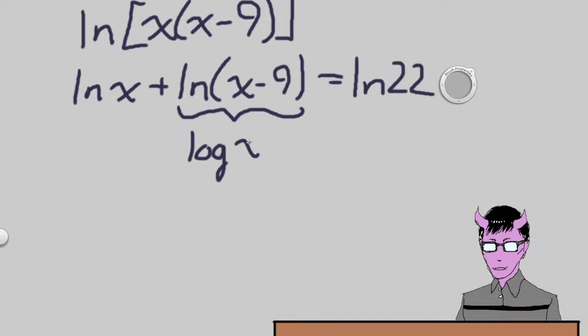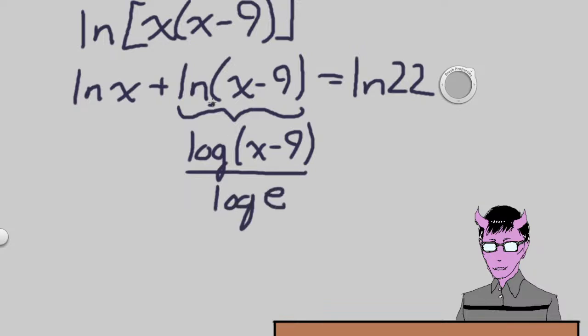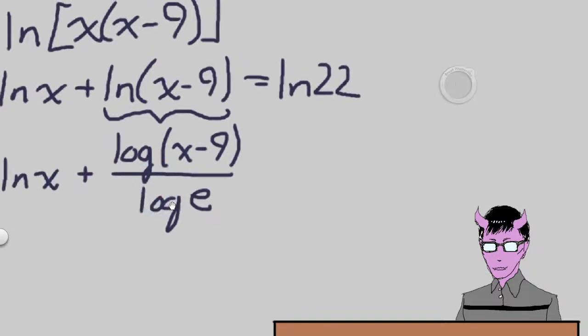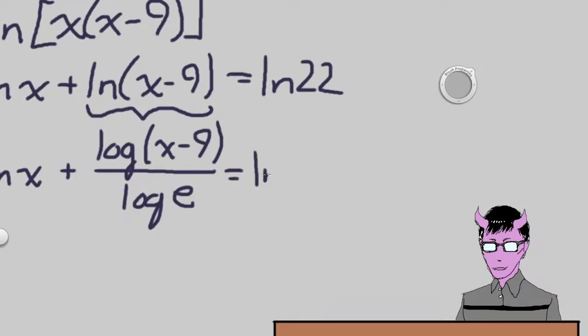So we have a log base 10 of x minus 9 all over log base 10 of e. Because again, remember the base e right here, base on the bottom, and then the argument goes on top. Alright. So again, it feels like I haven't done much to change the problem, but you'll see. You'll see in the end.